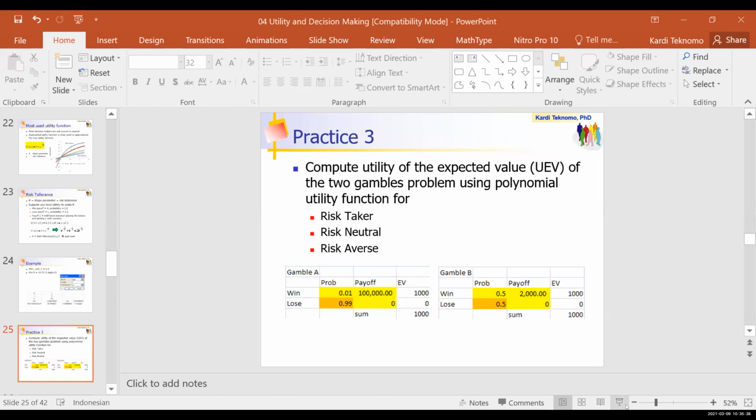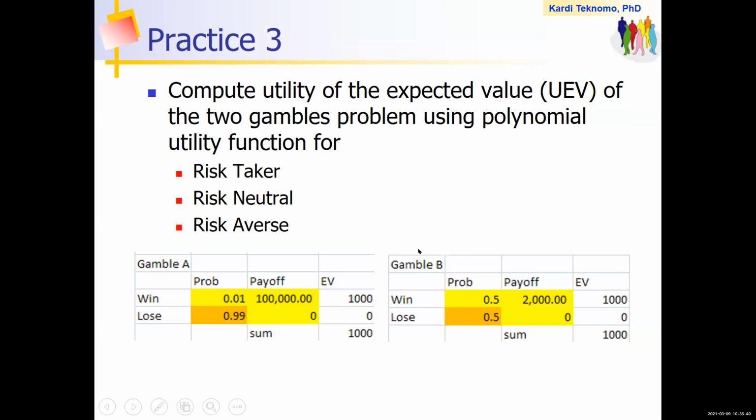In this practice, you will compute the utility of expected value of the two Gumbel's problem earlier using the polynomial utility function for risk taker, risk neutral, and risk averse. The ones that I give you here are the probability and the payoff of the two Gumbel's problem, Gumbel A and Gumbel B.